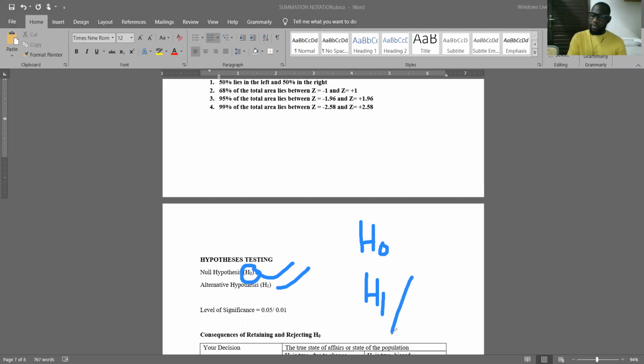The alternative hypothesis is sometimes referred to as the researcher's hypothesis. So it means that within a question, whatever prediction that has been stated in the question, that is the researcher's hypothesis or the alternative hypothesis.